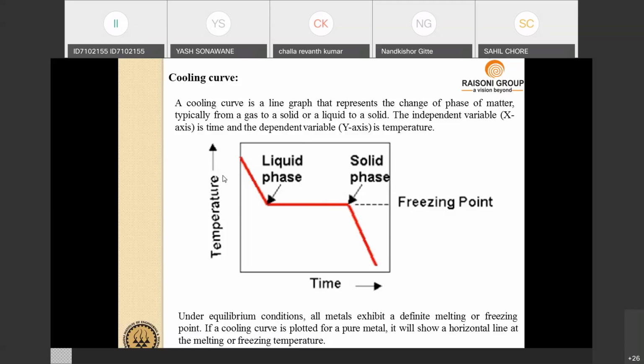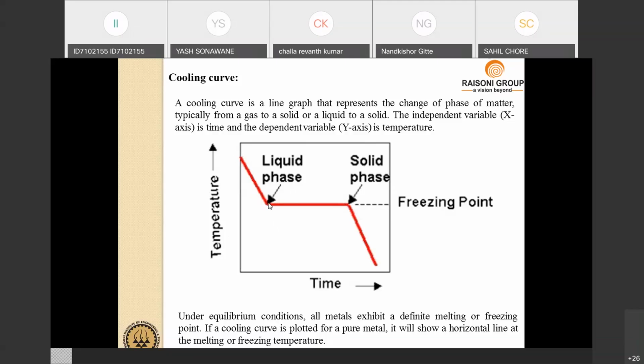The more you reduce the temperature, up to this point the material will be in liquid phase. And the more you reduce the temperature and give some time, after some time all the liquid material gets solidified.